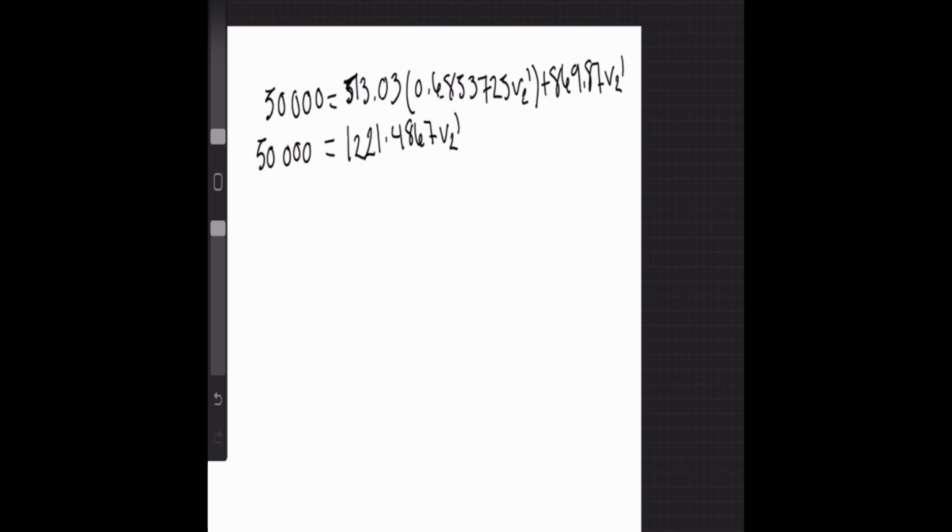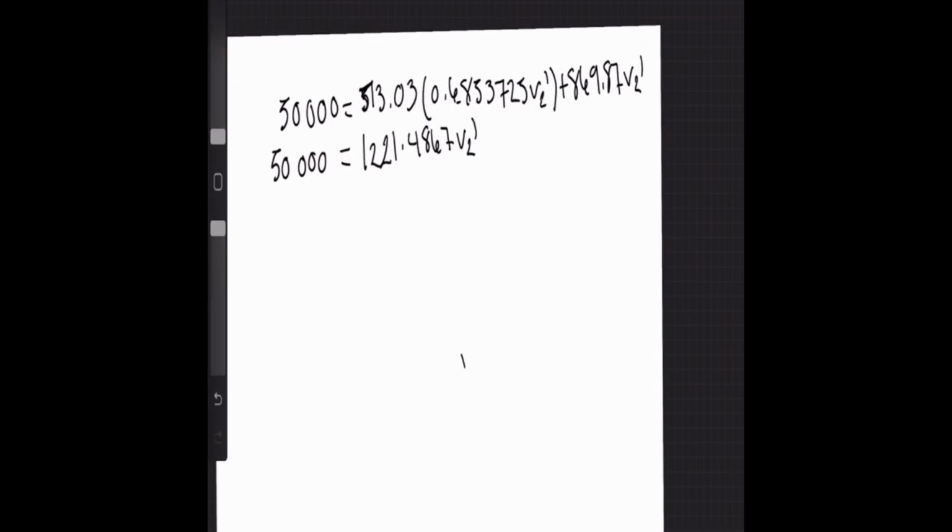And to solve for V2 prime, we are going to divide both sides.